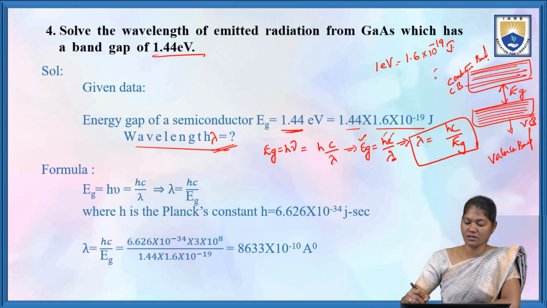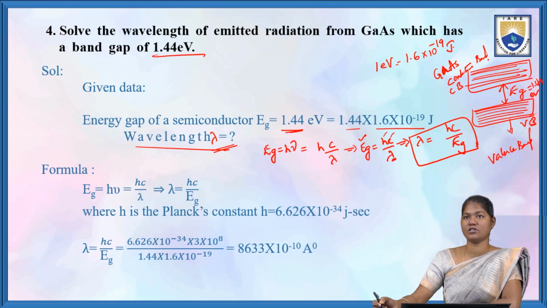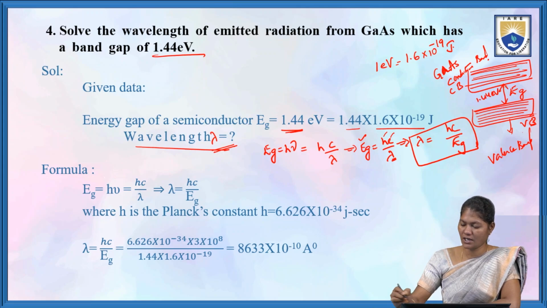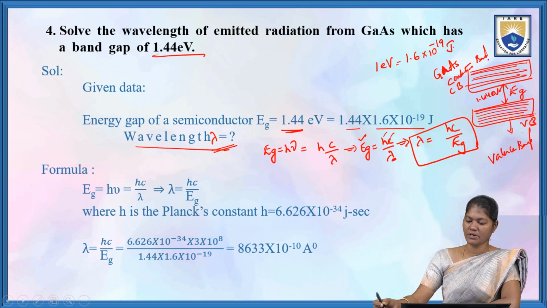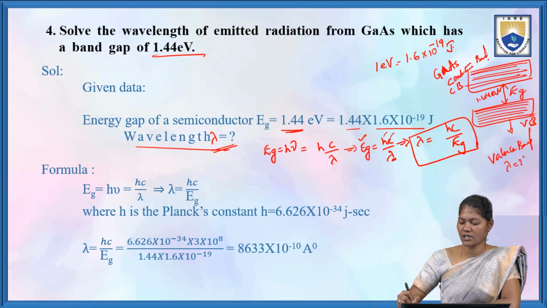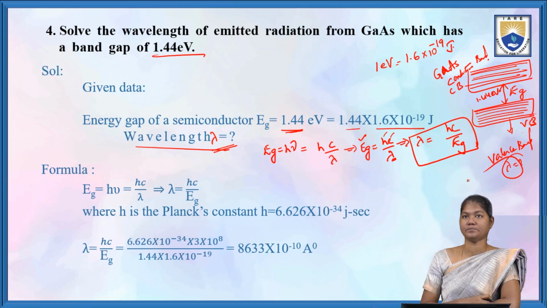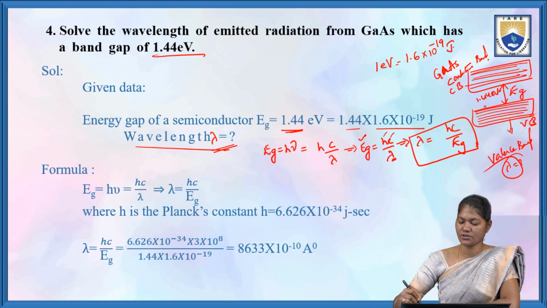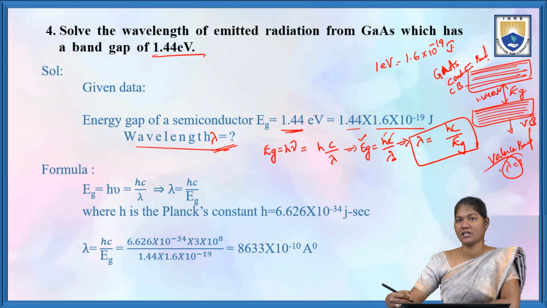Here gallium arsenide semiconductor has been given. The energy gap Eg is 1.44 electron volts, but we need to calculate the wavelength.